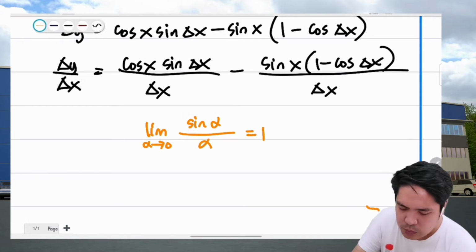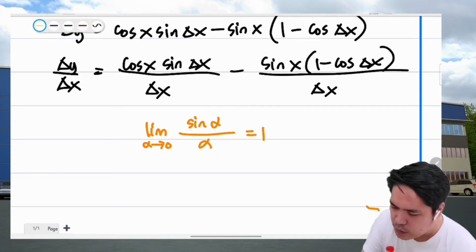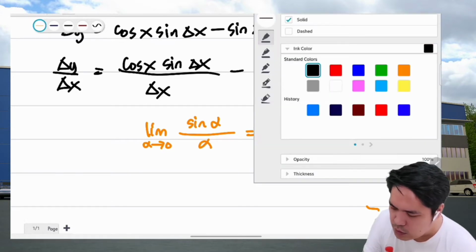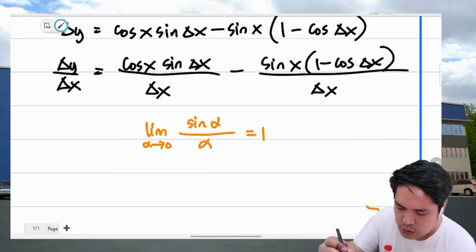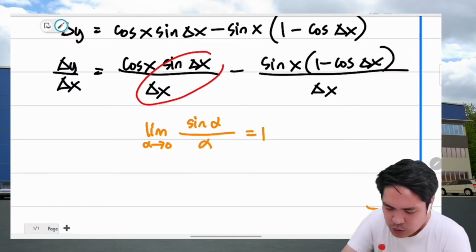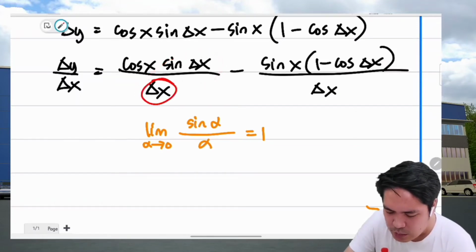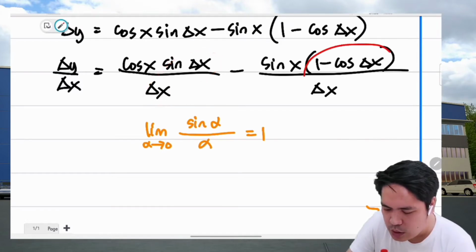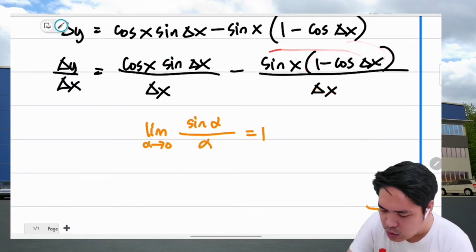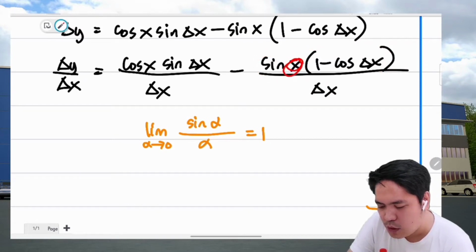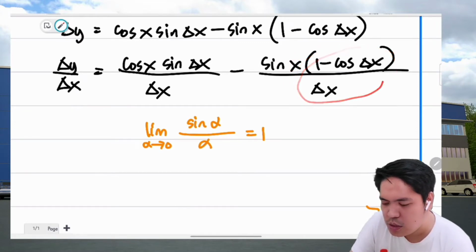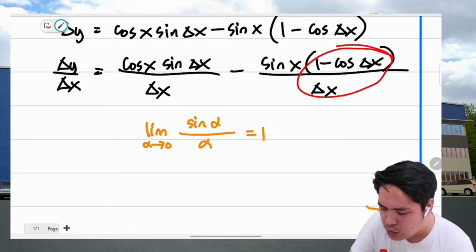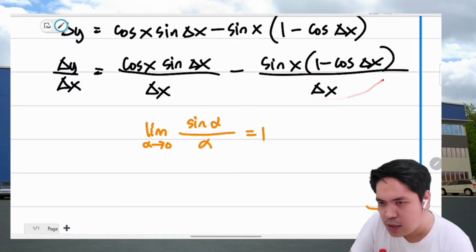From that, if we take the limit and let delta x approach 0, this first term will approach 1. But how about this other part? The sine x is okay because it will not be affected by the limit, since the variable here is x. So we focus on the part with delta x. How do we evaluate the limit of this as delta x approaches 0?